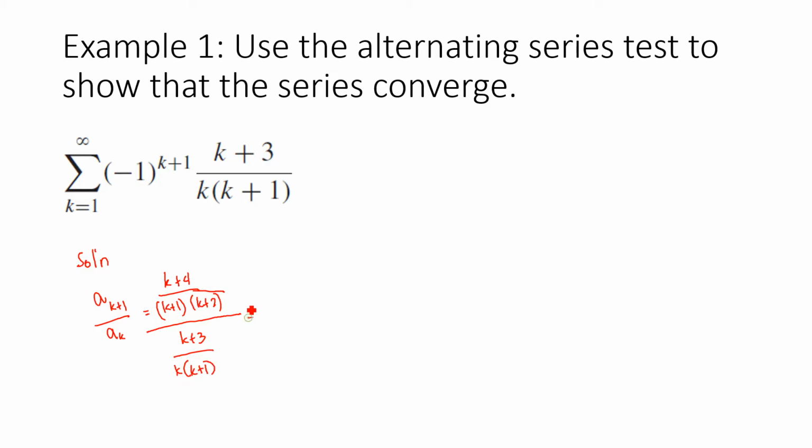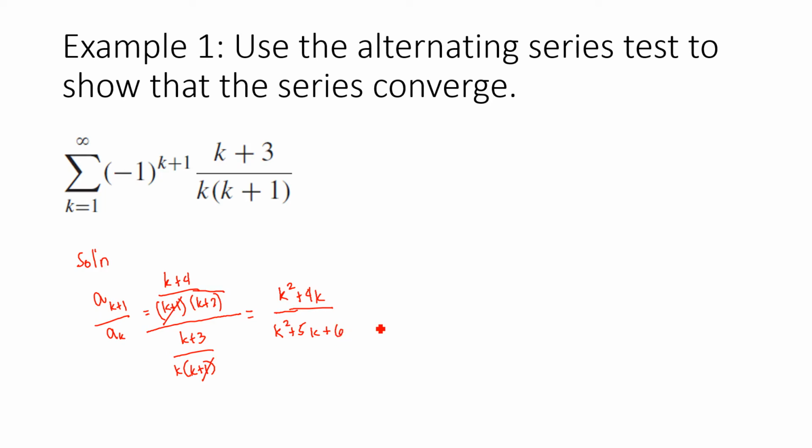So simplify, we can divide out common factors, and you have k squared plus 4k all over the product, k squared plus 5k plus 6.